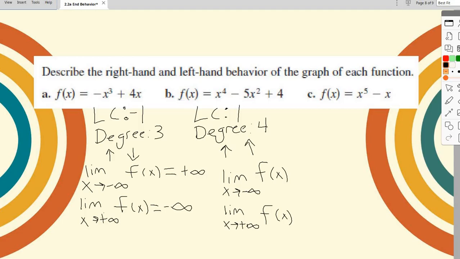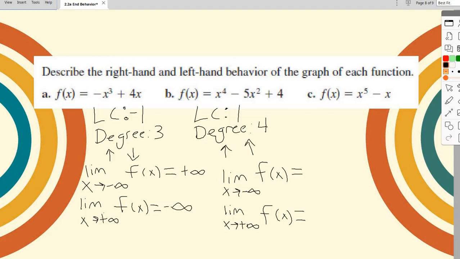Does that make sense? Now, what it equals depends on, am I pointing up or am I pointing down? So on this first one, the left side was pointing up, so it got a positive infinity.